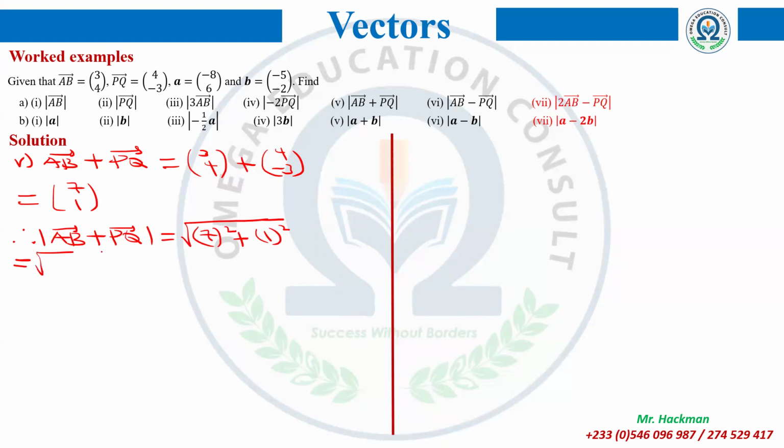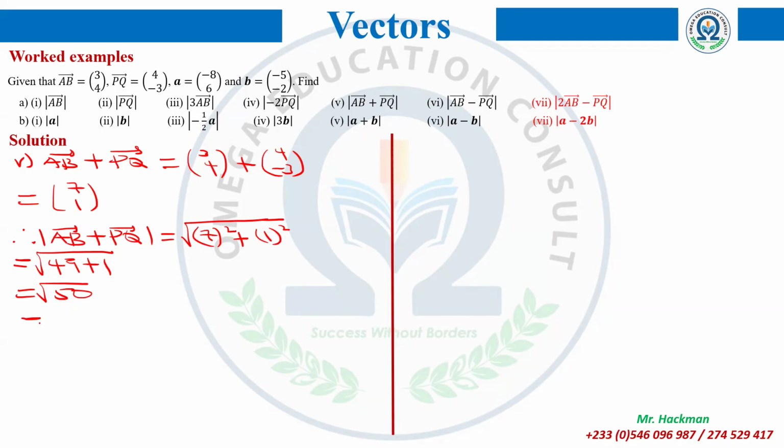So that will give us root of 7 squared, which is 49, plus 1. So we are going to get root of 50. That is what you have. At this point, you feed your calculator with this, root of 50. If your calculator throws back the root of 50 at you, then it means this cannot be reduced.